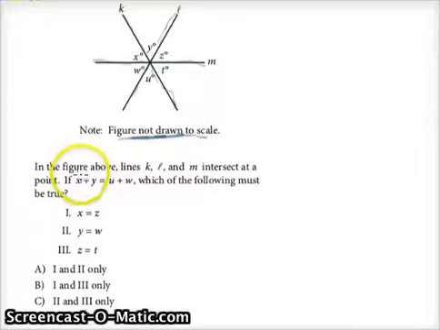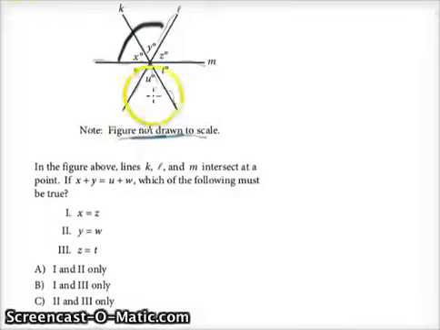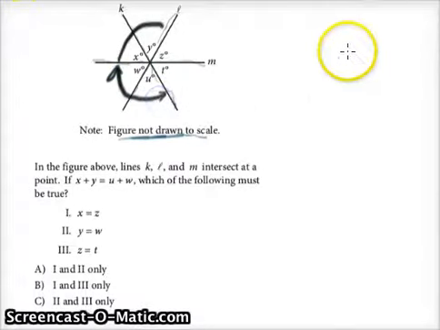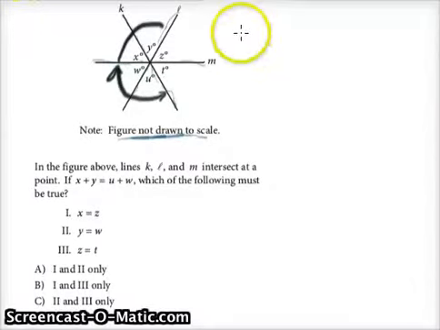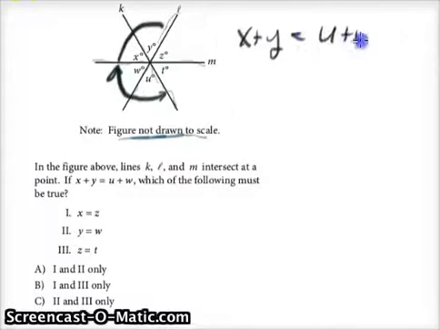They said x plus y is equal to u plus w. Okay, those are equal. Well, one thing we do know, I'll just write this right here, x plus y is equal to u plus w.